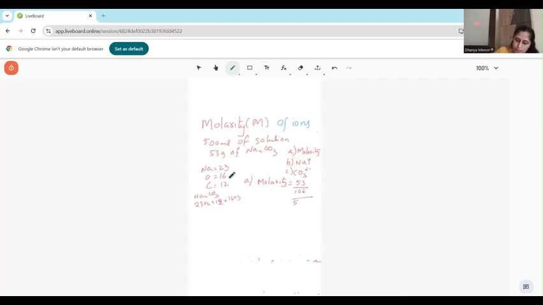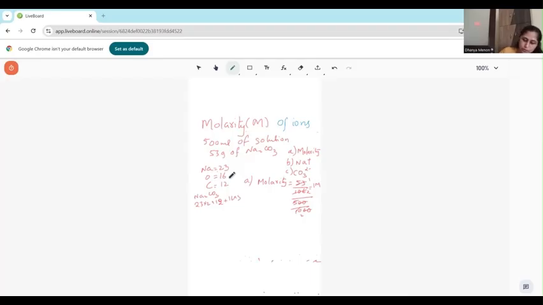So this comes to 1 molar. So this is the molarity of the solution of what? Sodium carbonate solution. Okay, so this is the first part of our question. Now coming to the second part of the question, I need to find the molarity of.